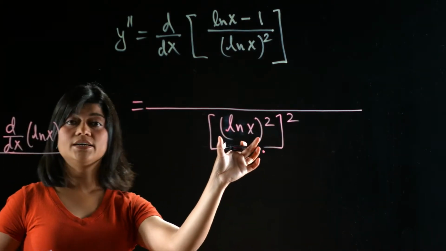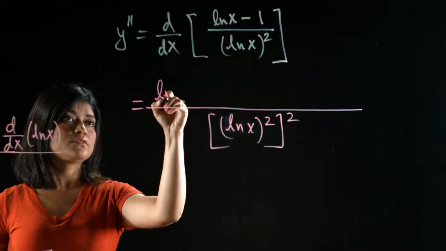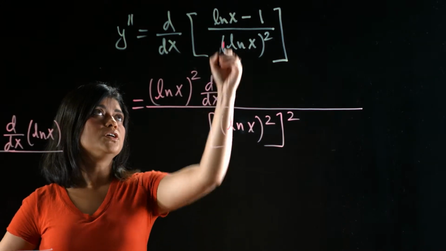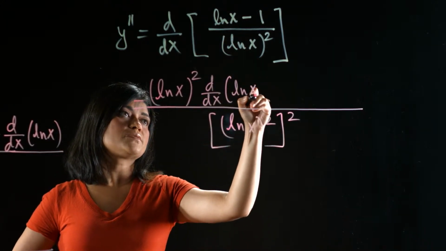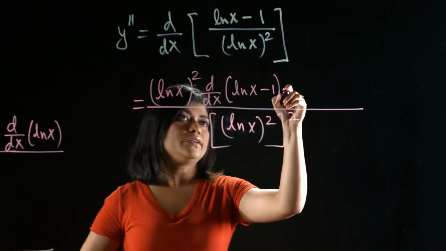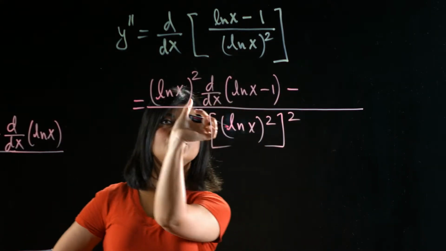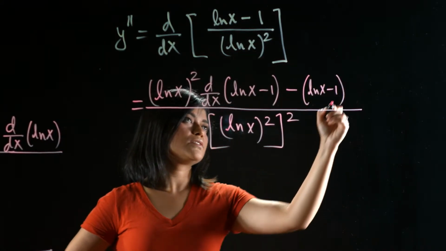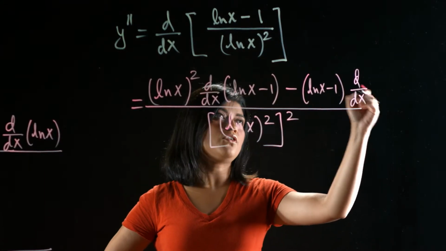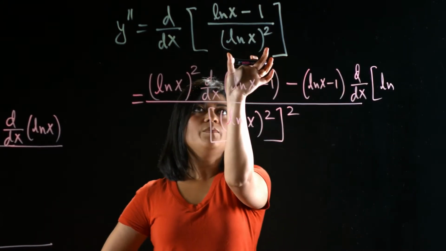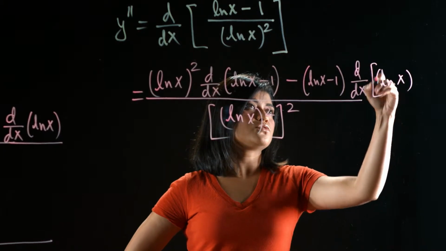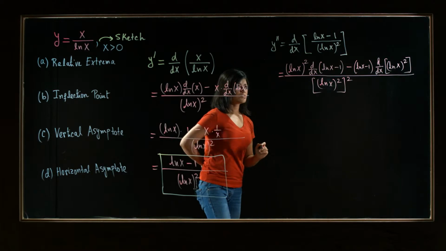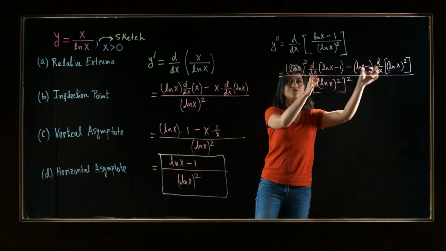Now, take the denominator function, keep it fixed, and take the derivative of the numerator, ln of x minus 1. Then a negative sign, remember, and then switch the role of these two. So, keep ln x minus 1 as it is and take the derivative of the denominator, ln of x squared. All right. So, that's the setup, and now we evaluate each of these derivatives and then simplify.